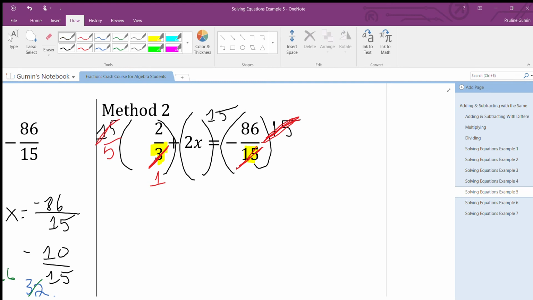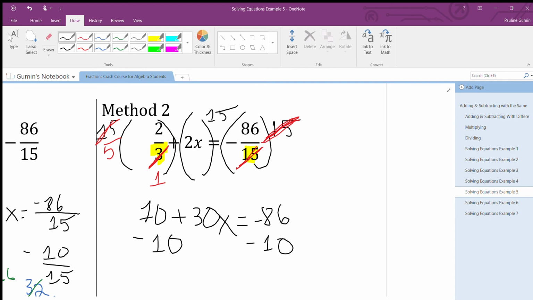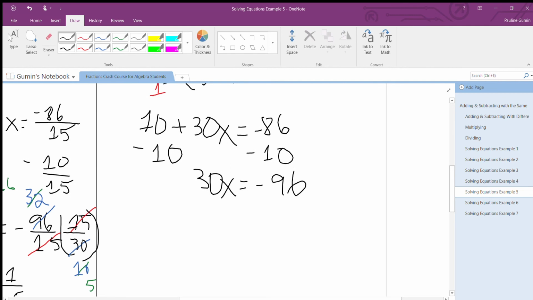Okay, 5 times 2, that's 10, plus 30x equals negative 86. Subtract 10, subtract 10. 30x equals negative 96. And we divide by 30.